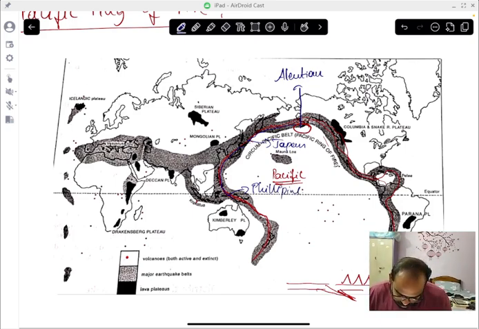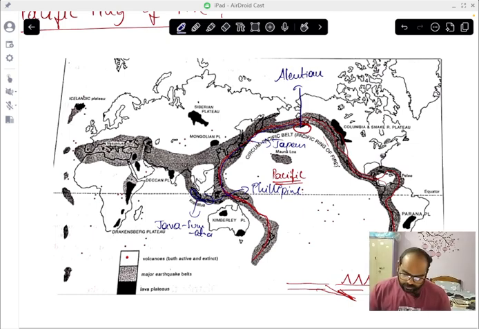One belt goes towards Java and Sumatra. Another belt goes towards New Guinea. Here, New Guinea, and there are a series of islands in this Pacific region: New Guinea, Solomon Islands, Tonga Islands, and New Zealand. This is one side of the belt.